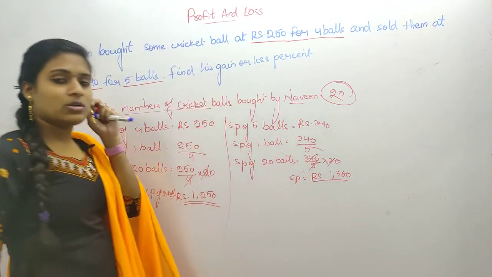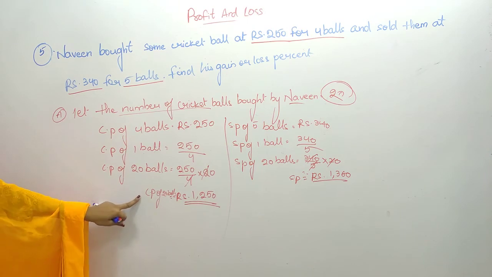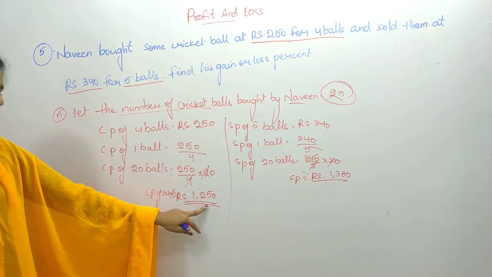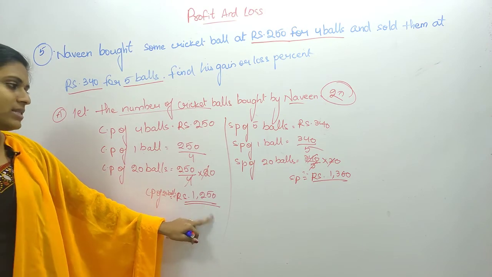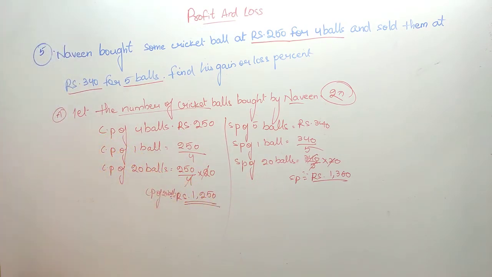Selling price of 20 balls, rupees 1360 we got. See, he bought the balls: cost price of 20 balls is 1250 rupees. Selling price is 1360 rupees. Now we have to find the gain. What is the formula?